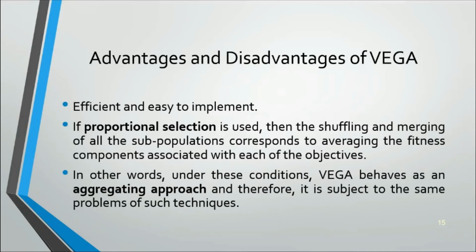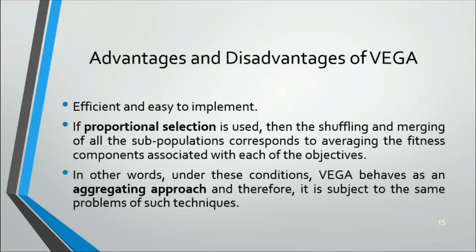That is, if a particular objective function has a higher priority, then more solutions are selected based on that particular objective function. So that is the proportional selection. In that case, shuffling and merging these subpopulations corresponds to averaging the fitness components.